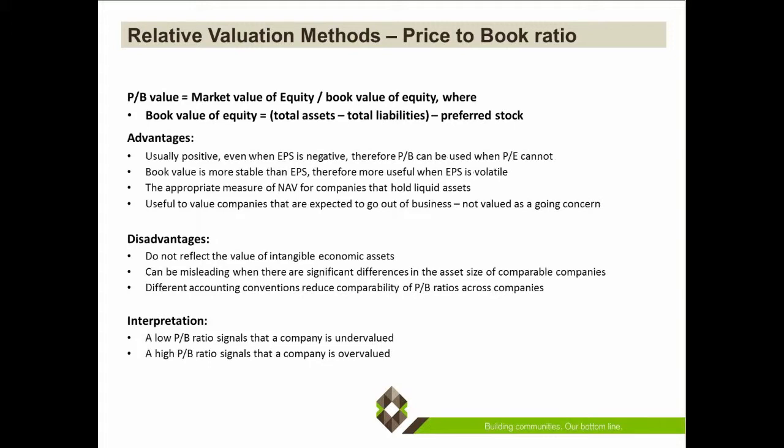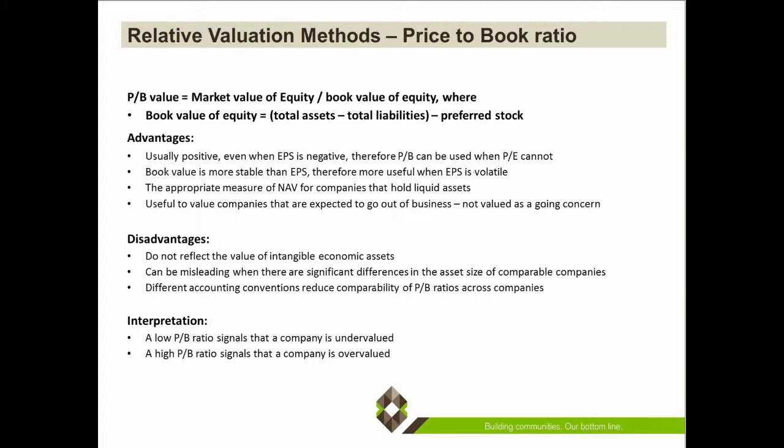Your book value is also more stable, and therefore it is better to use your book value where your earnings per share is volatile. So when a company is having internal issues or industry issues and your EPS, your earnings per share over years are not stable and growing, we would rather use a price to book value.